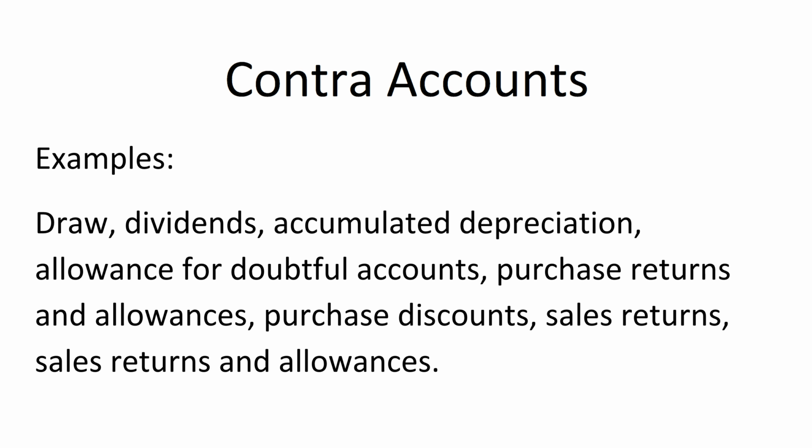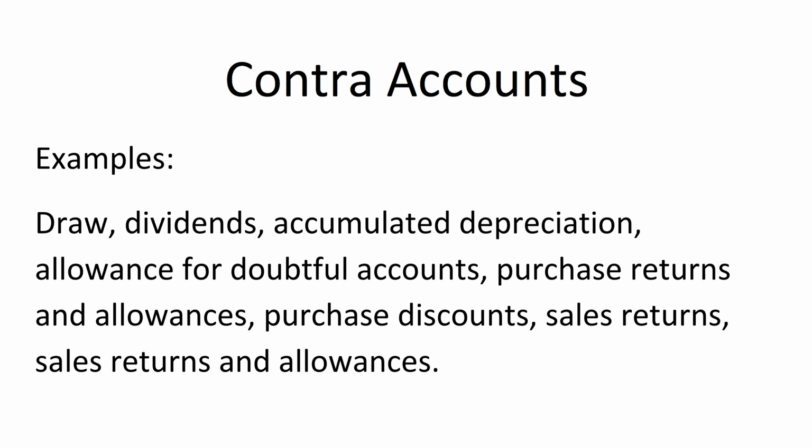And so some examples of our contra accounts would be draws, which is a reduction in capital, dividends, which is a reduction in owner's equity in the corporate form, accumulated depreciation, which is a reduction in a fixed asset, and then allowance for doubtful accounts, purchase returns and allowances, purchase discounts, sales returns and allowances, and sales discounts, which are all reductions of the various parent accounts that they're attached to.